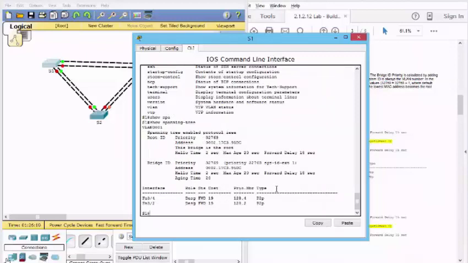We see that this bridge is the root bridge. The bridge priority here is 32769, and the MAC address is 59.